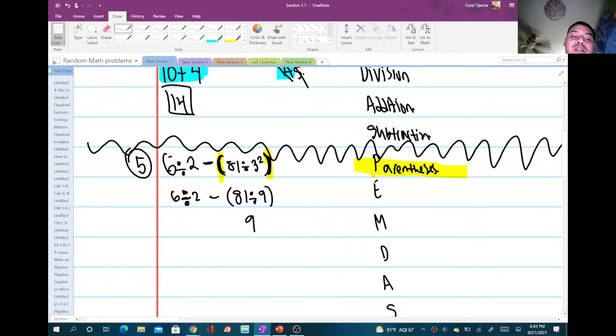We have 81 divided by 9 inside the parentheses, so that gives us 9. So now we're going to go ahead and just bring everything down, right?